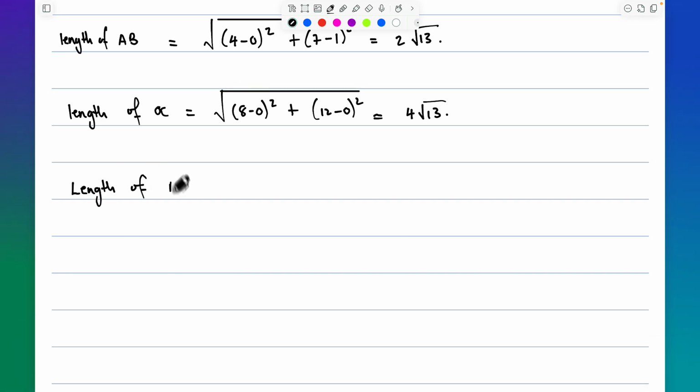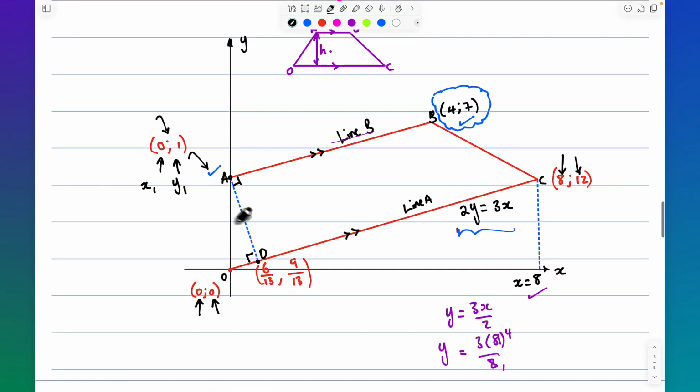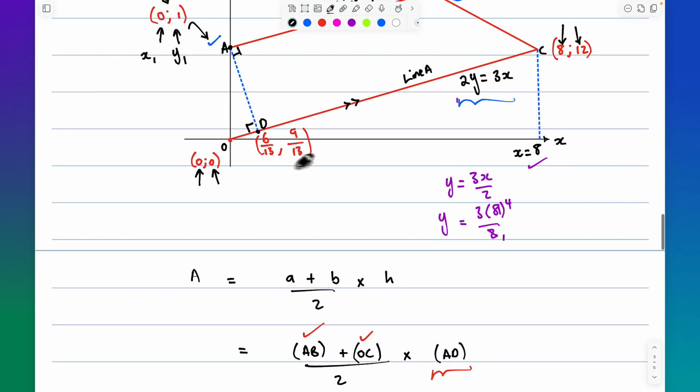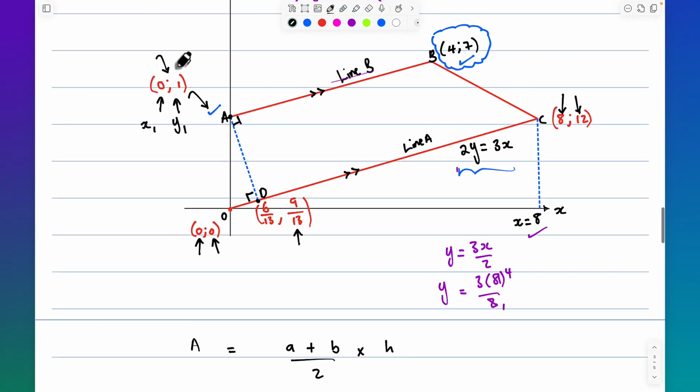Length of AD is equal to the difference in your x's, right? It doesn't really matter which one you start with. So you can say 6 over 13 minus 0. Remember to square that. Plus the difference in your y's. So we take the y for this point minus the y for that point. That's 9 over 13 minus 1.